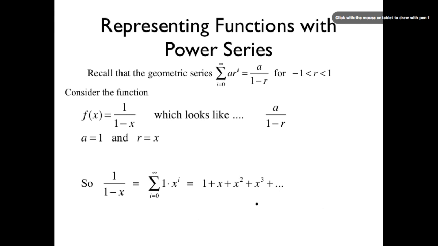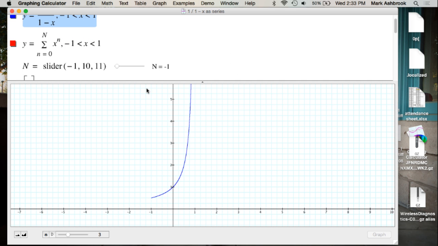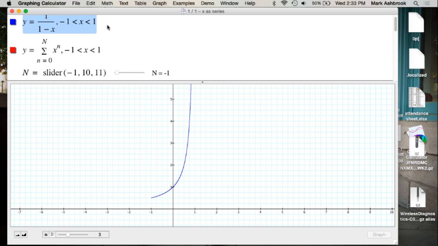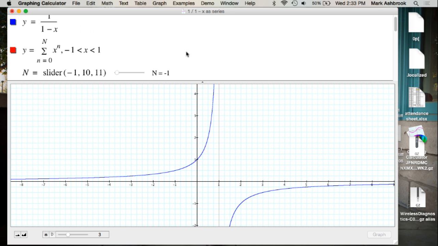So let's take a look at it. Let me show you. So here is 1 over 1 minus x. So what I want to show you is the partial sums, okay?